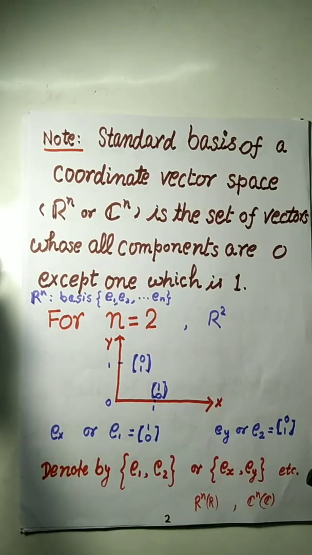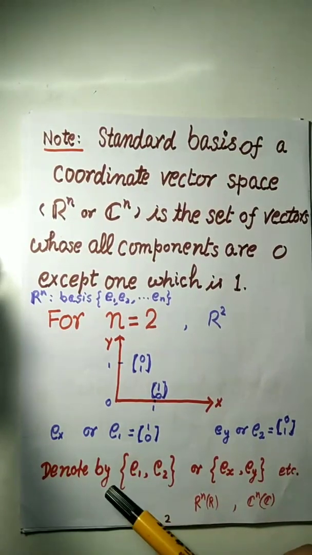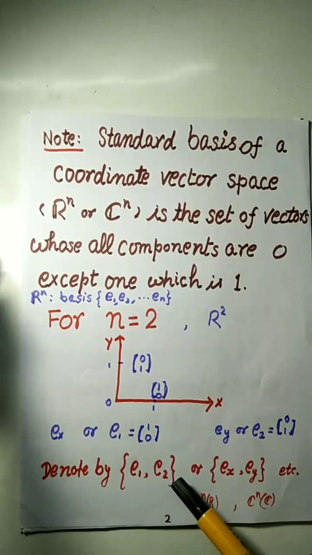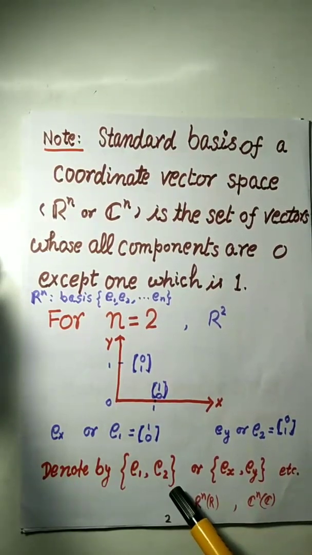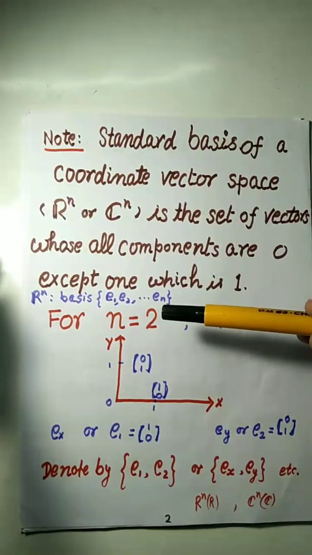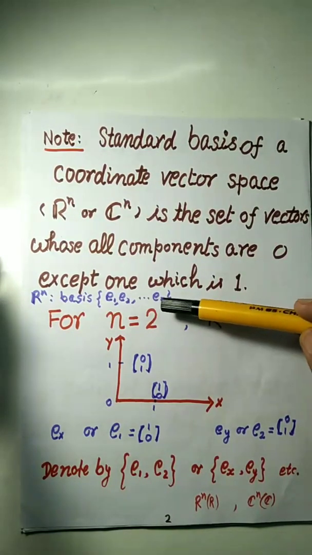Now, in two space, standard basis will be e1 and e2, denoted by this notation. There are so many other notations for standard basis. We are considering generally e1 and e2 written in this curly bracket. Now, in Rn, standard basis generally e1, e2 up to en.